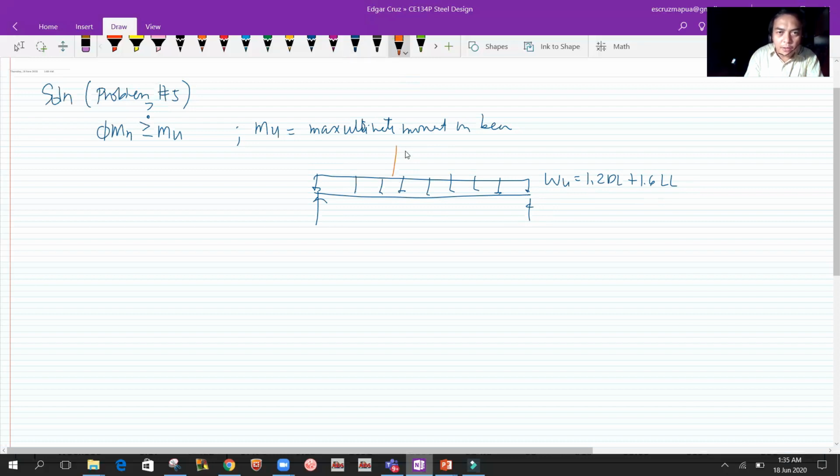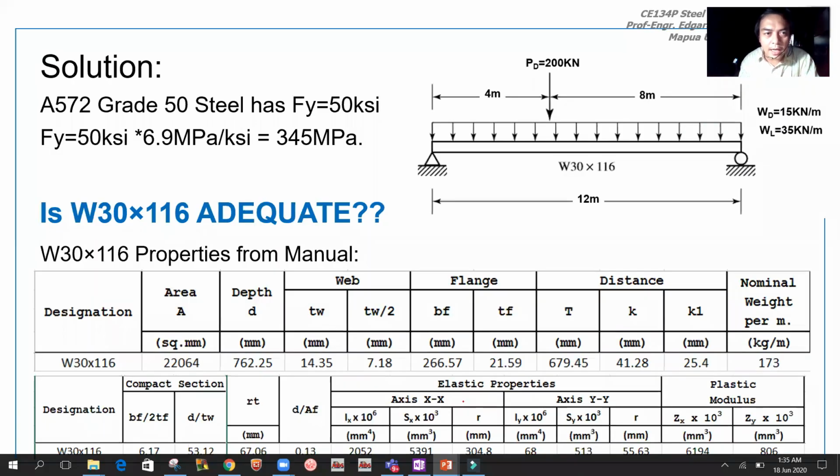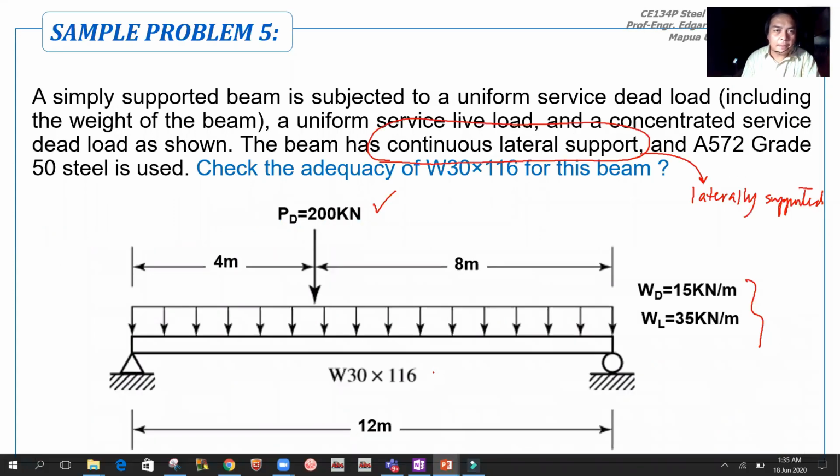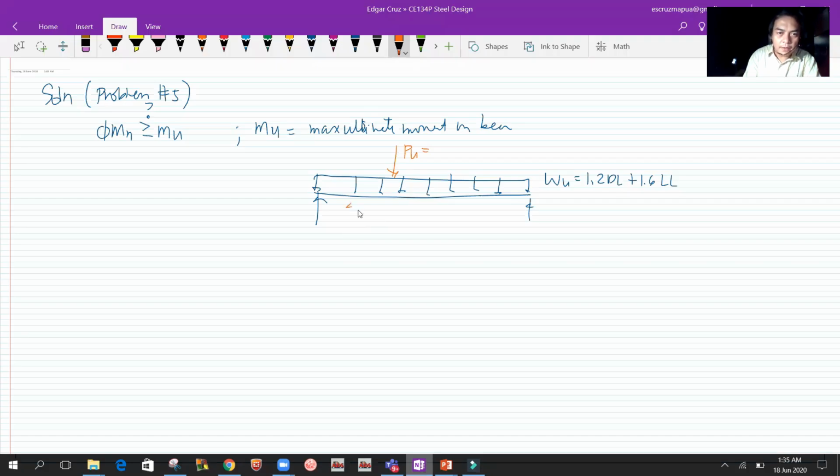So isolve mo yung PU. Yung PU is, ano ba yung given na load? The given na load is concentrated service dead load. Okay, service dead load daw. So that would be dead load kaya 1.4 of the given dead load.